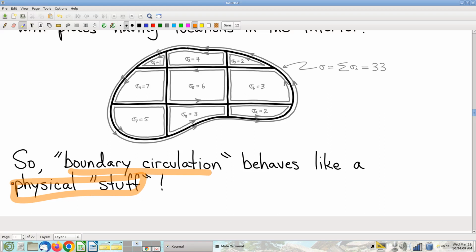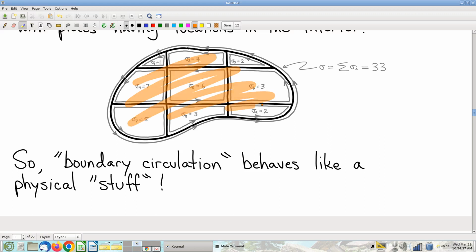And if it has its accumulation feature like it's physical, you can think of it as happening over the interior like it's physical. Then, for intuition purposes, it's awfully convenient to think of it as if it's physical. So anyway, that's a strong encouragement for how to think about boundary circulation. You should think of it as a stuff. You should think of it as a feature of the region, not the perimeter. And you should think of it as being physical stuff, kind of like mass.